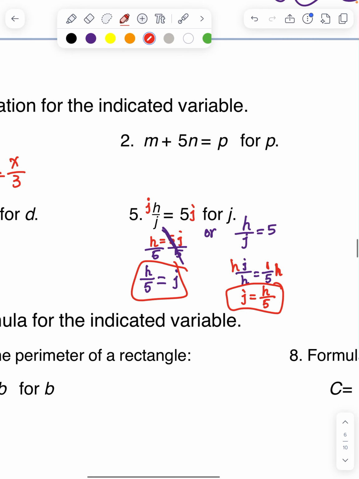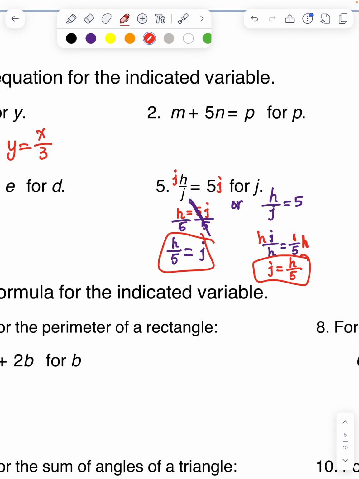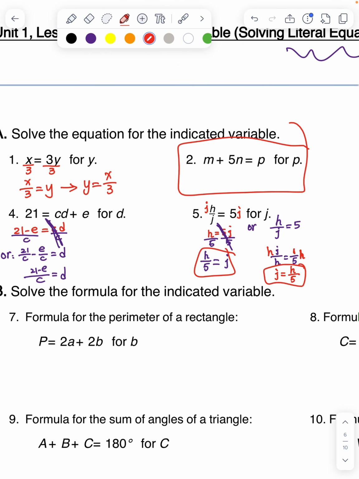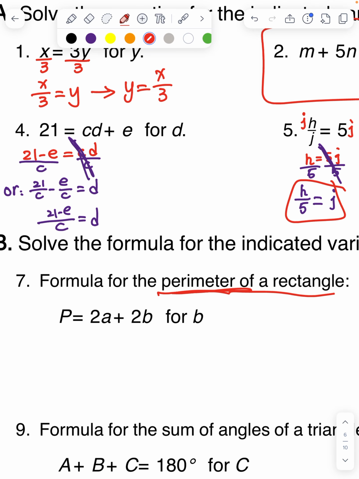Okay. Oh, I need to make a change. B, solve the formula for the indicated variable. Number 7, formula for the perimeter of a rectangle. Perimeter means all the sides add up, right? This is A, this is also A, and B. Perimeter means you add up all the side lengths.